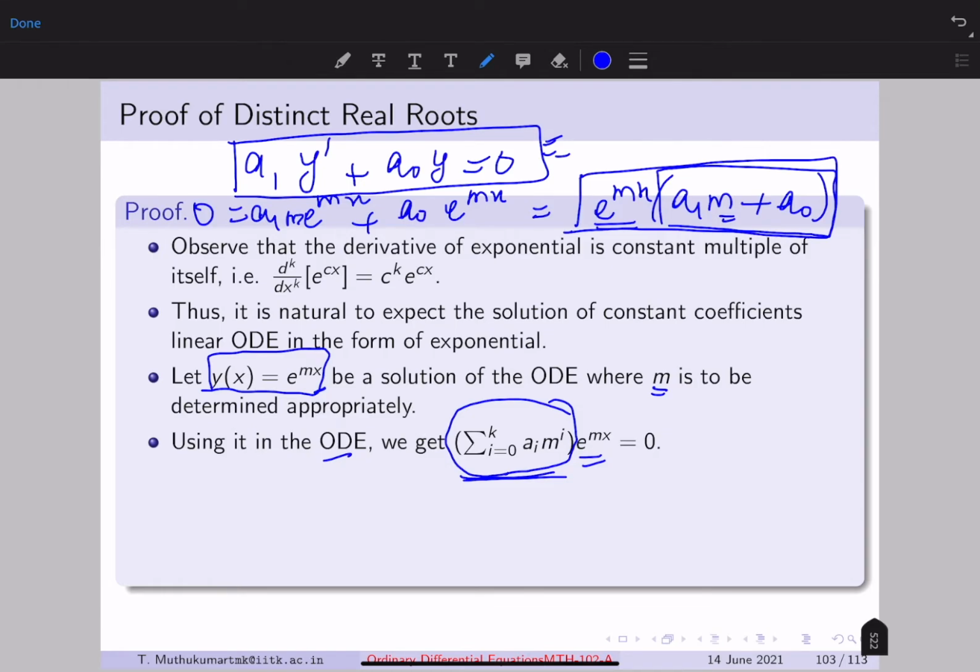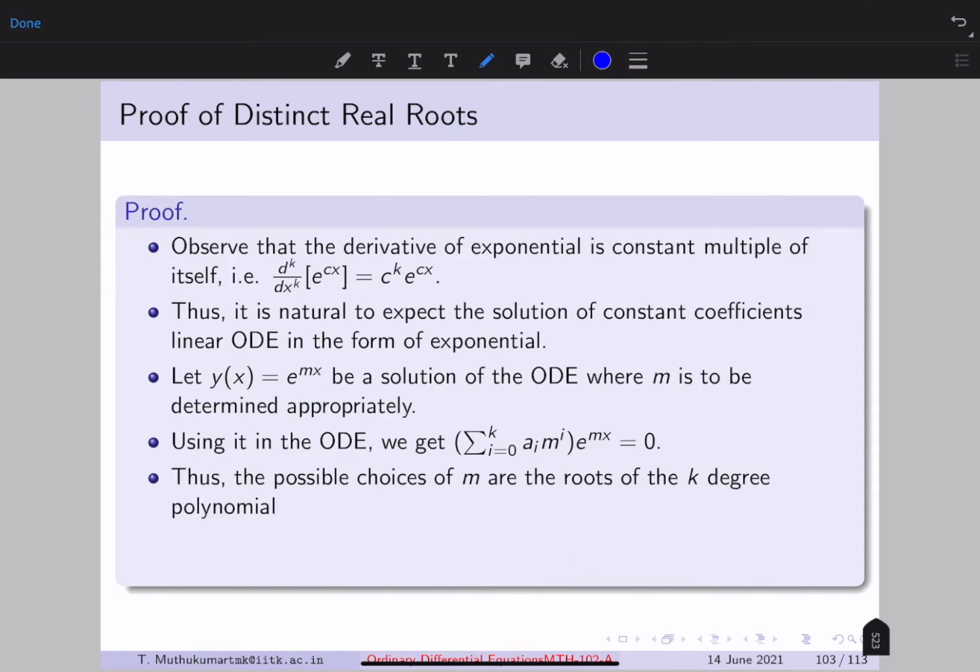Now, as we know from the fundamental theorem of algebra, a degree k polynomial admits at most k roots. So the possible choices of m are the roots of the degree k polynomial.